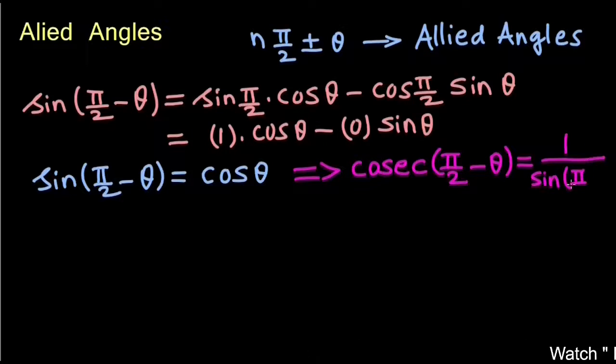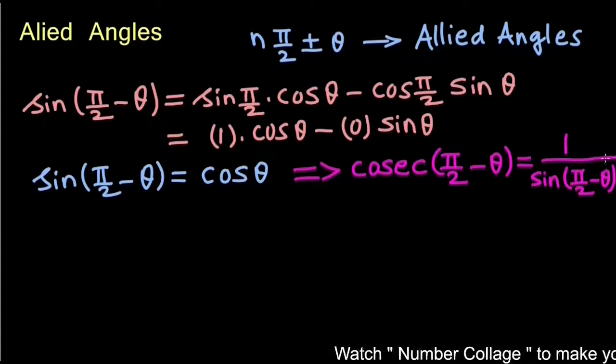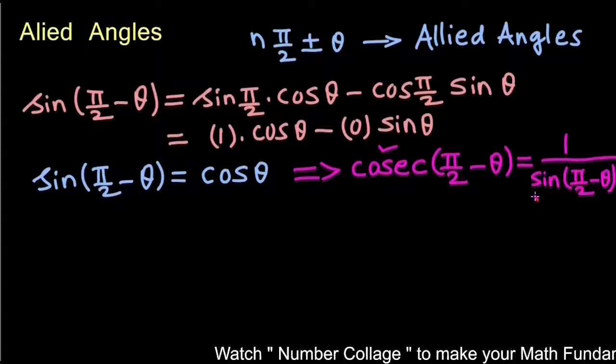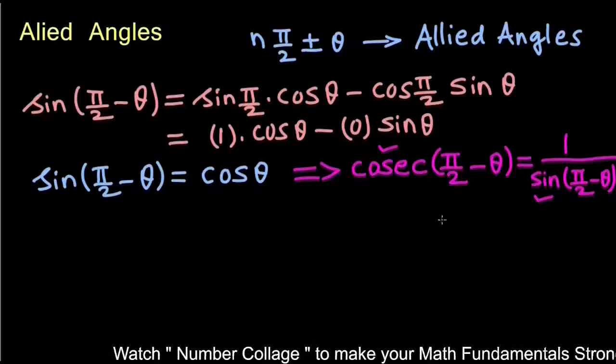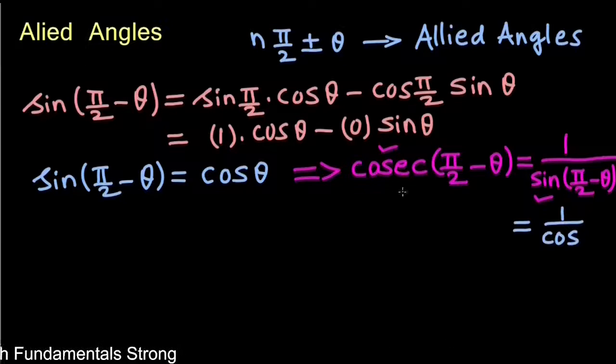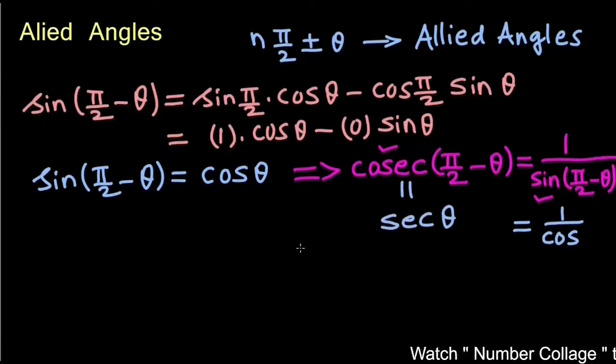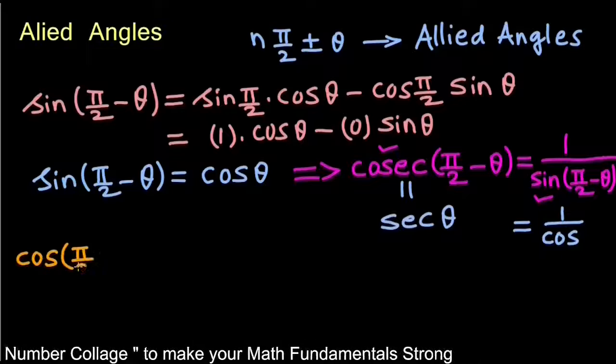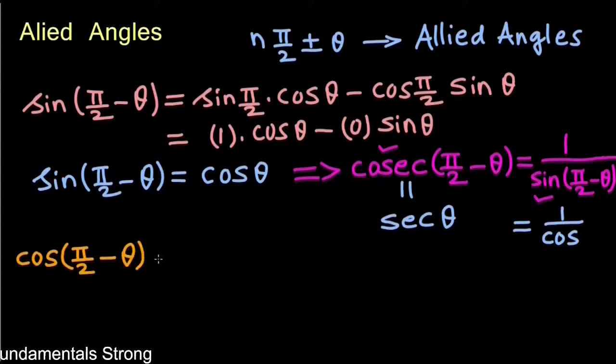1 upon sine pi by 2 minus theta, because cosec and sine are reciprocals of each other. So that will be 1 upon cos theta. So cosec pi by 2 minus theta will be sec theta. Find cos of pi by 2 minus theta by addition formula of cos a minus b.